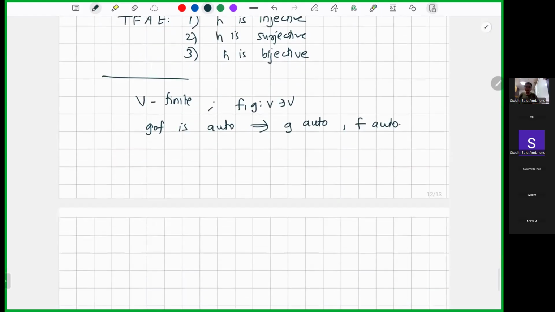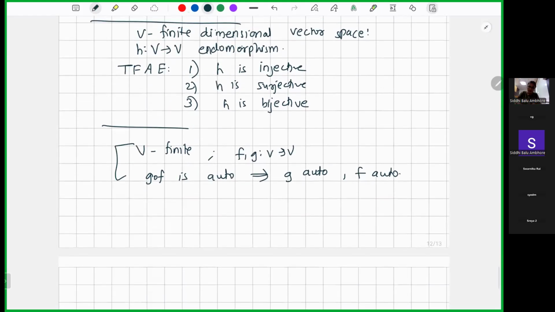But if I call this star, is star true for infinite dimensional vector spaces V? Is this possible?